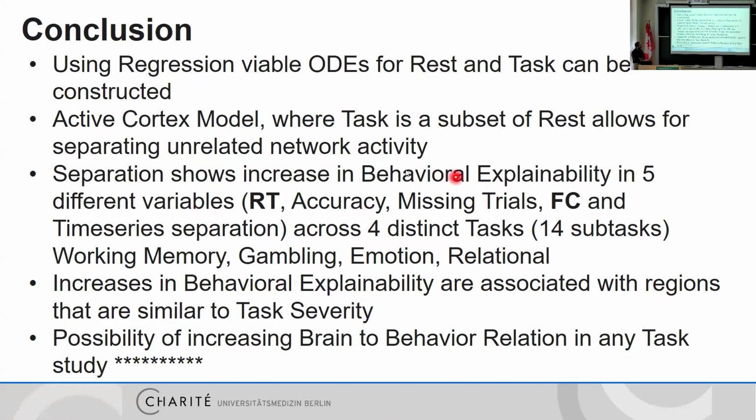And it's a very general approach. This can be used for pretty much any task you want. I think it's going to be a great technique that other people can use if they want to understand more things. There is a caveat here that you do need large amounts of fMRI data for these models to converge.